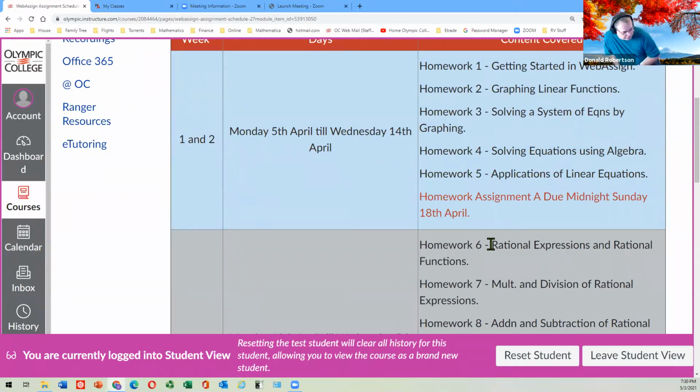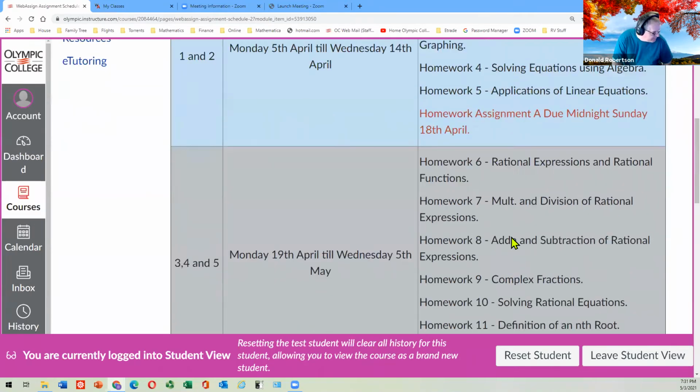And then you're also going to get application questions, like 4 hamburgers and 3 fries cost $8, and 2 hamburgers and 5 fries cost $12. How much does it cost to buy a hamburger and how much does it cost to buy fries? Those kinds of questions. And that's basically what you did during week 1 and 2.